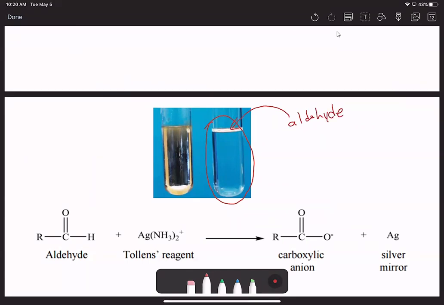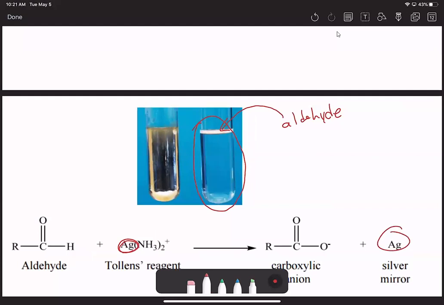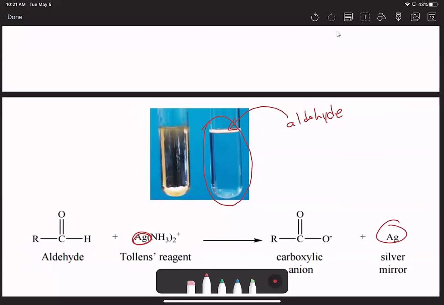Once we put any kind of aldehyde in that reagent, the silver comes out as a solid, right? And that's what we see in this test tube over here, the solid silver that's been released, and this would signify that we tested positive for an aldehyde.